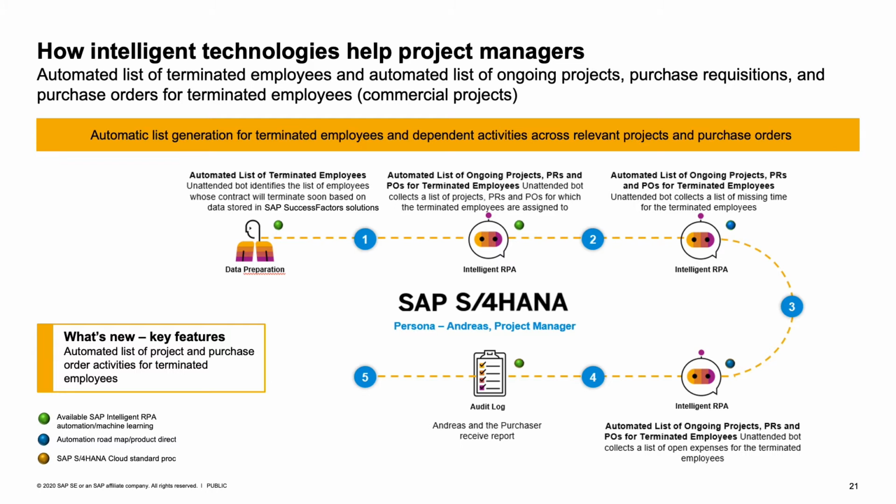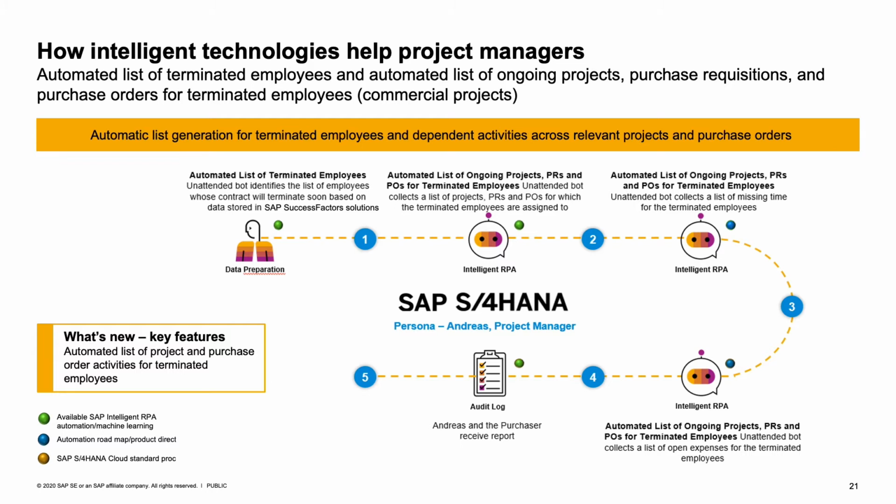Oftentimes, when employees leave the company, it is necessary to update the open projects for which they are staffed, as well as purchase requisitions and purchase orders created for services provided. This automation bot will identify all the employees whose contract will terminate soon and return a list of ongoing projects, purchase requisitions, and purchase orders for the employees that are assigned to those projects.